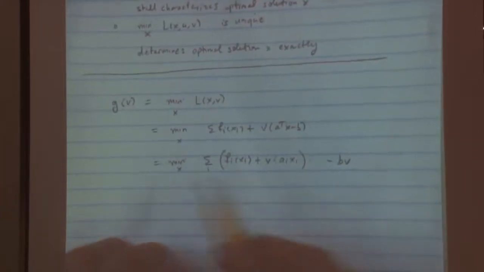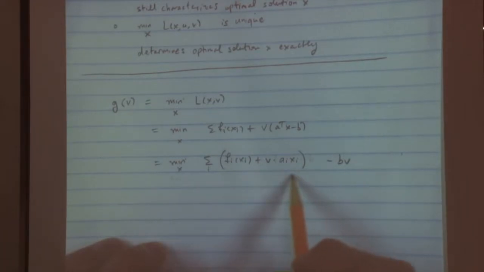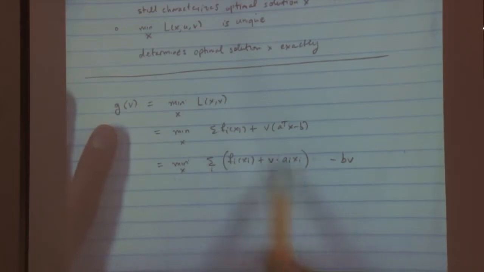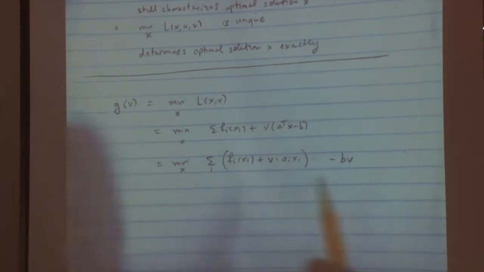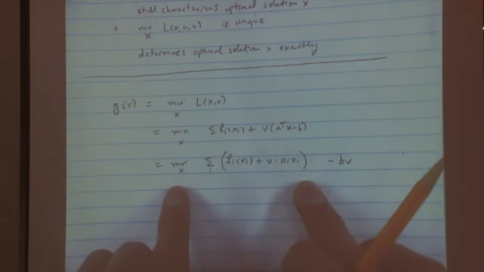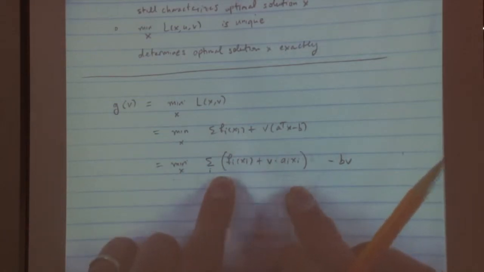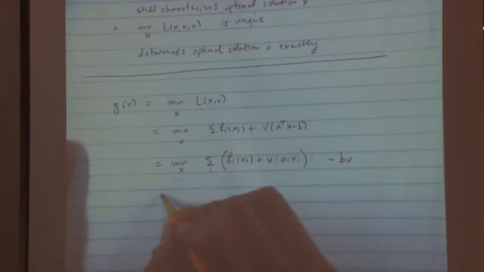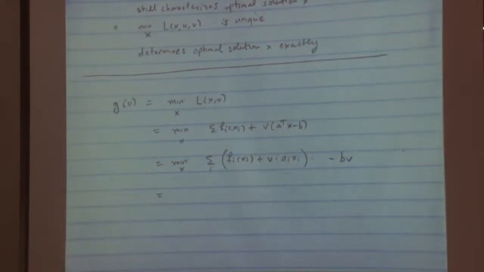Look at this minimization problem that we have to perform over x in the Lagrangian to get the dual function g of v. It decouples into n separate ones. So in many instances, we can analytically solve this if f was a nice function. We've already gotten rid of the role of the constraint.